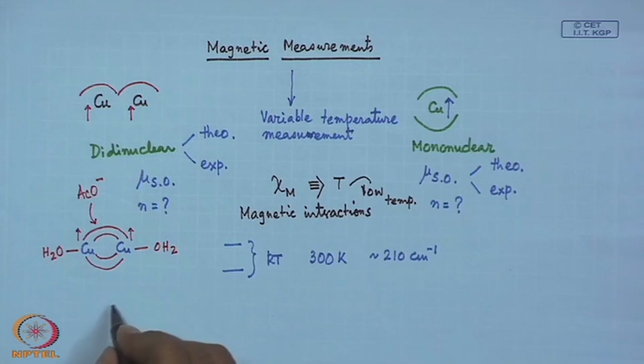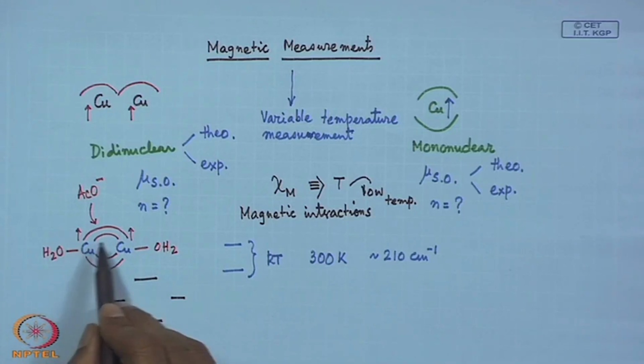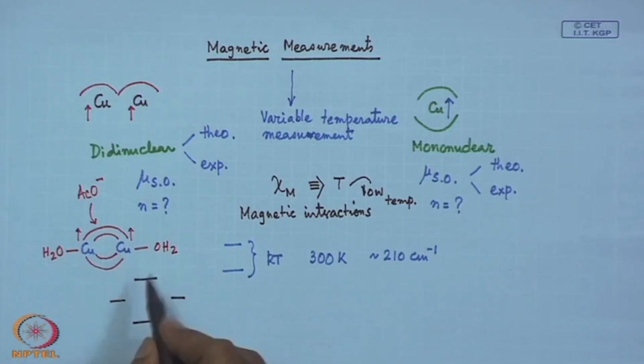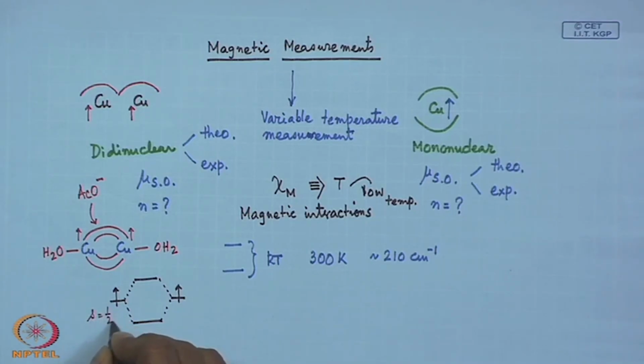So, in this particular situation, what we see is that the true energy levels we can have are due to the corresponding exchange interaction between these 2 unpaired electrons, which we consider as the corresponding super exchange behavior for these 2 centers, and one unpaired electron is over here and another is on here, and this is the corresponding spin value for the first copper, and this is the corresponding spin value for the second copper.